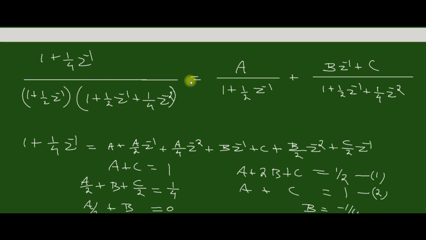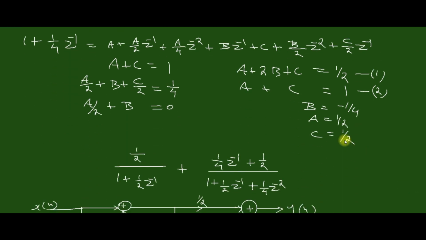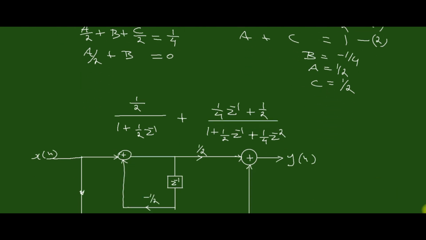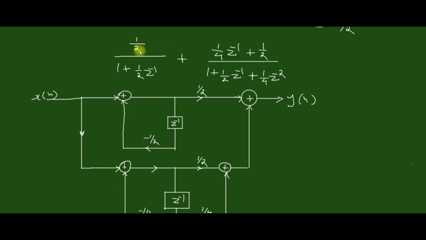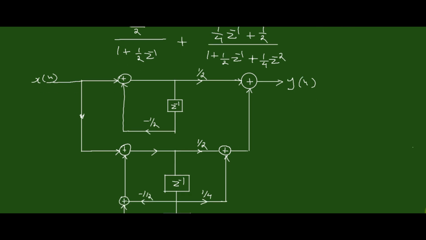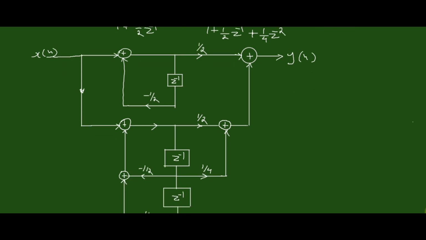Then the numerators are equated and solved for the constants A, B, C. Then substituting these, we have drawn the parallel structure.